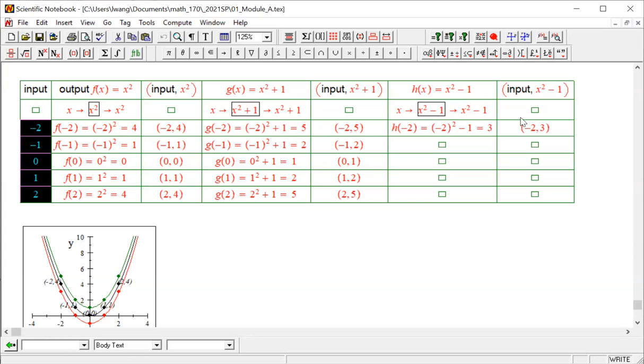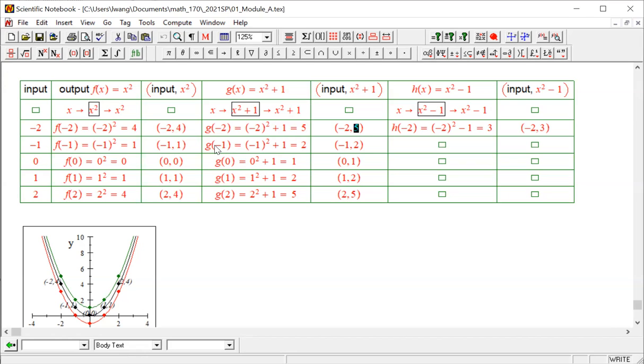We know the input and output for x squared. For the input of -2, we have -2 squared plus 1. So the 4 we got plus 1, so for input of -2, output is 5.